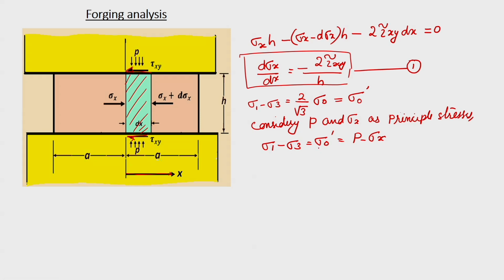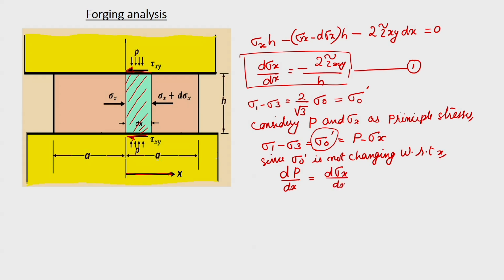Now, if you look at that sigma 0 dash, this is not changing with respect to x. Since sigma 0 dash is not changing with respect to x, we can write it in this form, dP by dx is equal to d sigma x by dx.